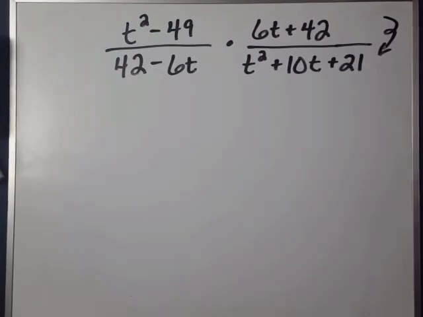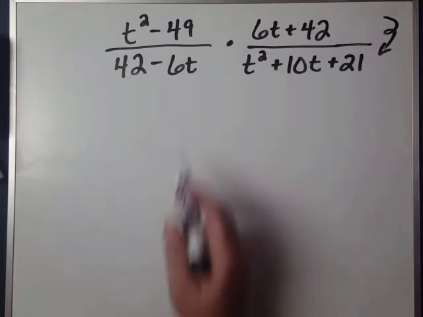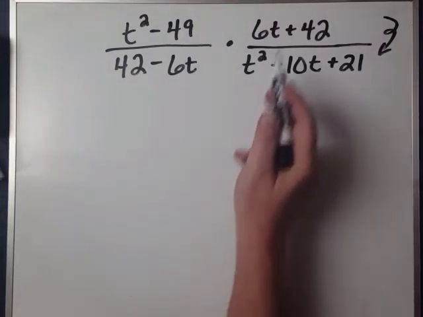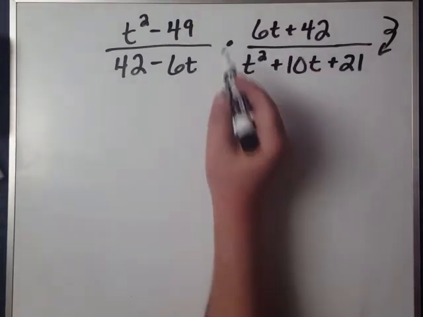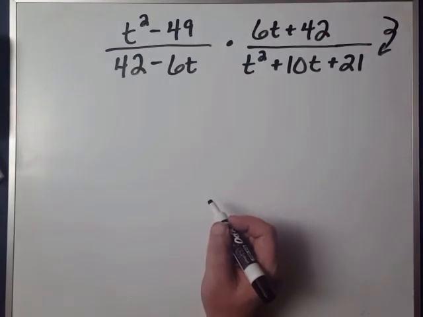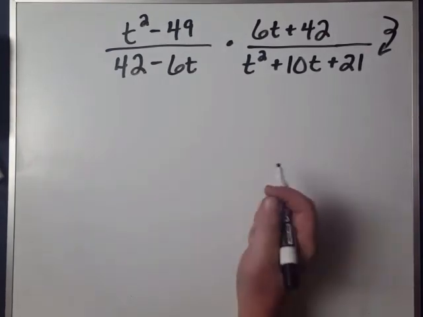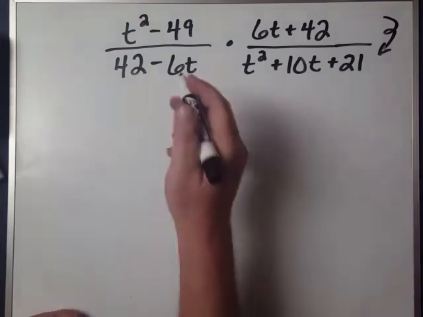So I've already performed the first step of flip and multiply. This was originally a division problem. I went ahead and flipped that second fraction so I could change it to a multiplication problem. We want to get everything factored, so we'll see what will cancel.